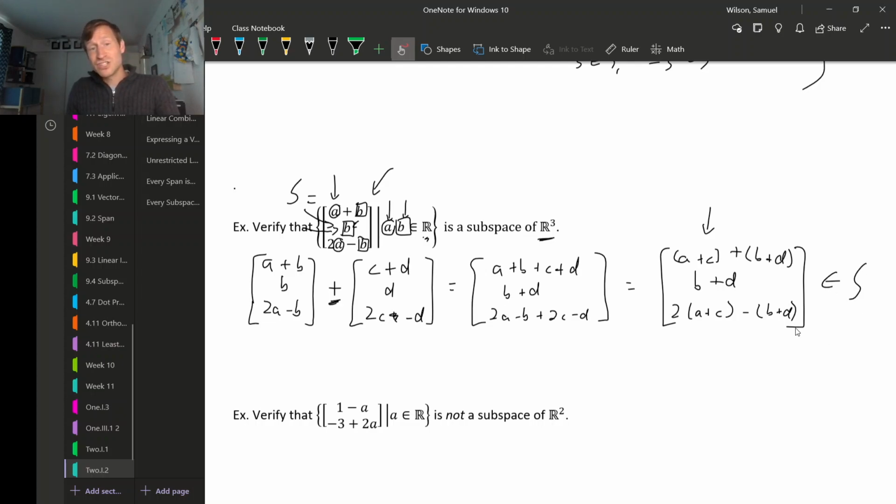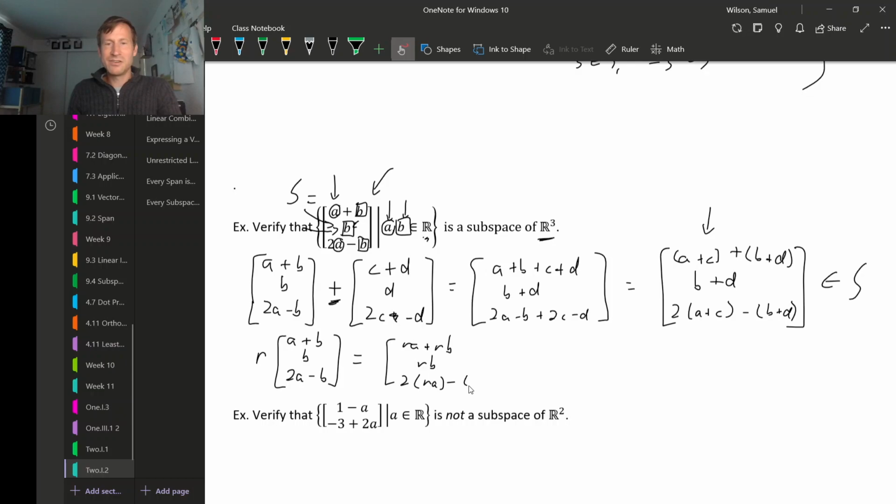All right, so now let's check the scalar multiplication closure properties. So again, take a vector in S, A plus B, B, 2A minus B, multiply it by a scalar, and see if it's still in S. So when we multiply this by a scalar, this is RA plus RB, and then RB, and then 2 times RA minus RB.